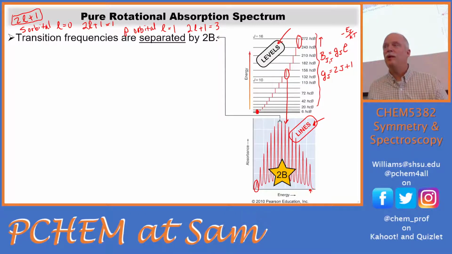I'm getting the numbers mixed up, but there's going to be more people in the places that have more degeneracy. And spectroscopy is statistics. If I send light through the molecule, the intensities are going to match the populations. And so this rise right here is the 2J plus 1 rise.